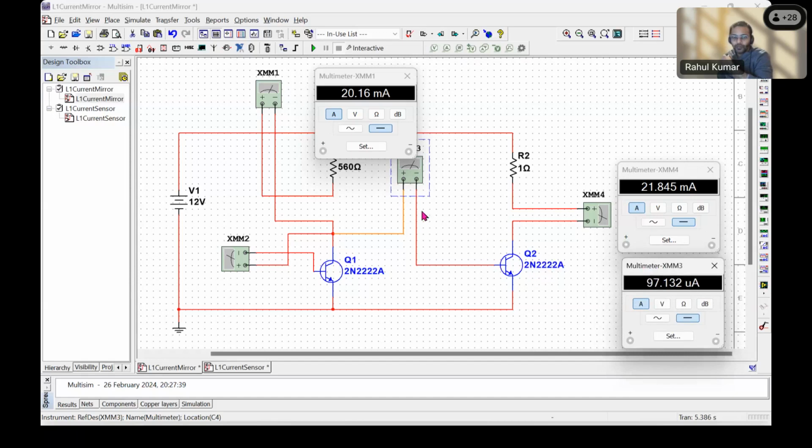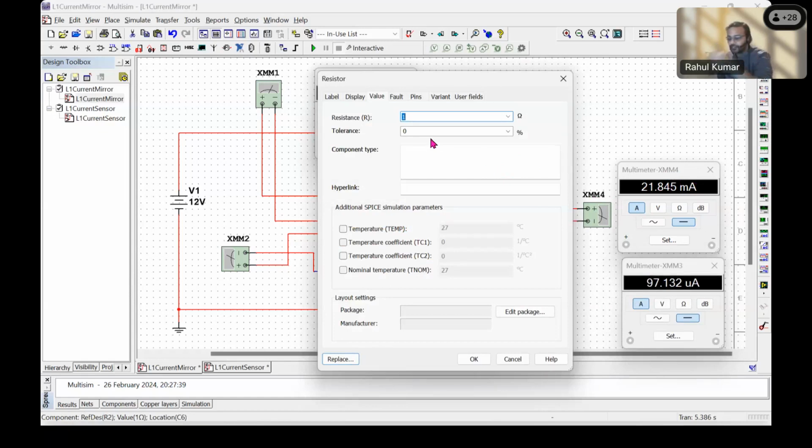For Q2, this is measuring the input, and XMM4 is measuring the output. So output divided by input will give me the current gain for this transistor Q2. Now before I do that, I want to change it back to 50, the original value.